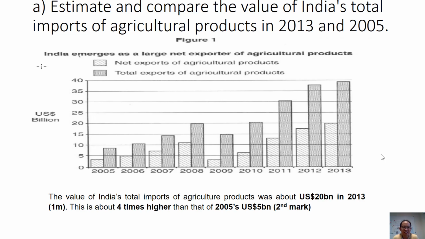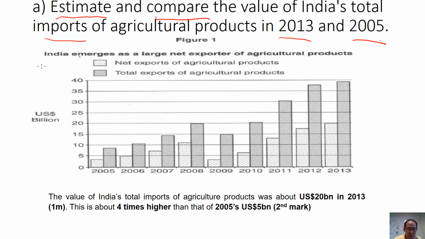The very first question is: estimate and compare the value of total imports of agriculture products in 2 years. So if I'm you, I will underline the command word, estimate and compare the value of total imports in only two particular years, 2013 and 2005.